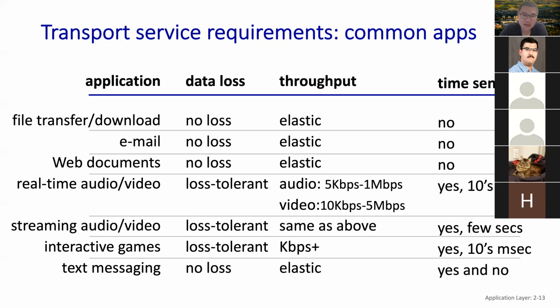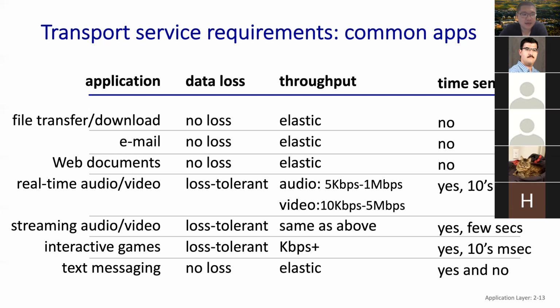They are very time sensitive because you don't want to wait more than some milliseconds to talk to the other people, okay? And they have some requirement for throughput. Just as I mentioned, if the resolution of the video or audio is very high, then you have to guarantee the throughput, okay? Streaming audio video is similar, right?